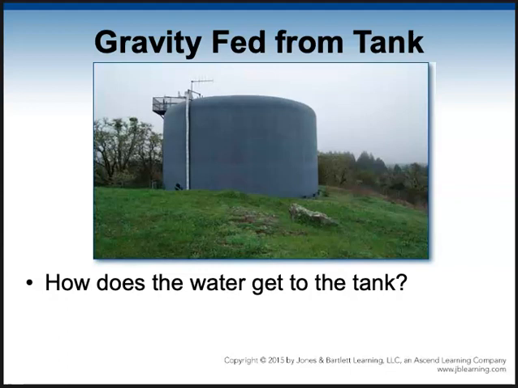So the water's going to go down from the tank, down into the community, into the plumbing that goes to homes and businesses. But it comes from the source into it via some kind of a pump that turns on when the float valve says, send more water.